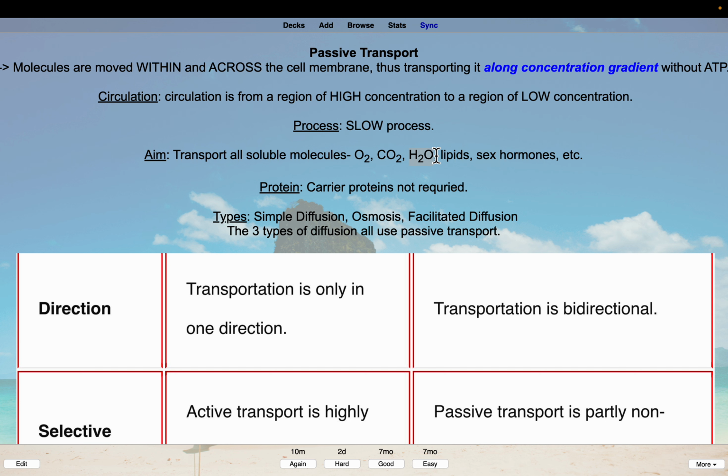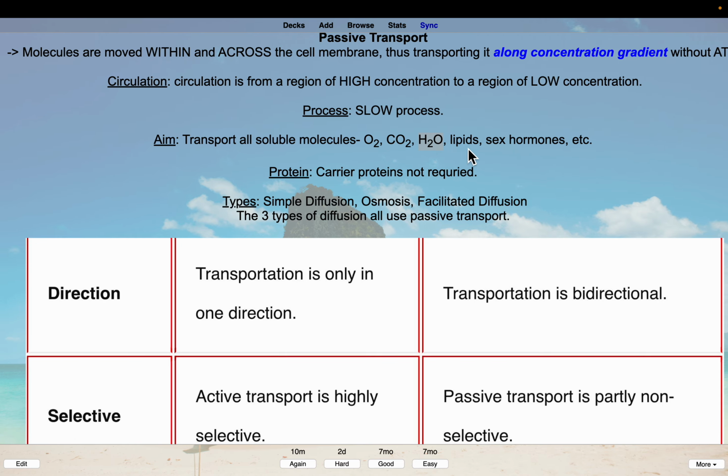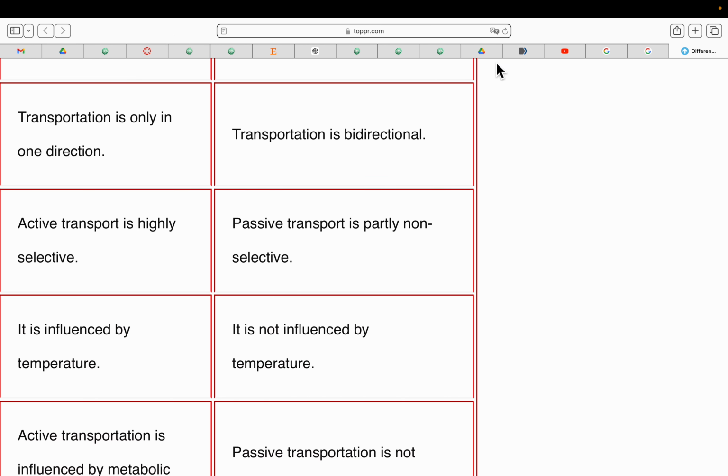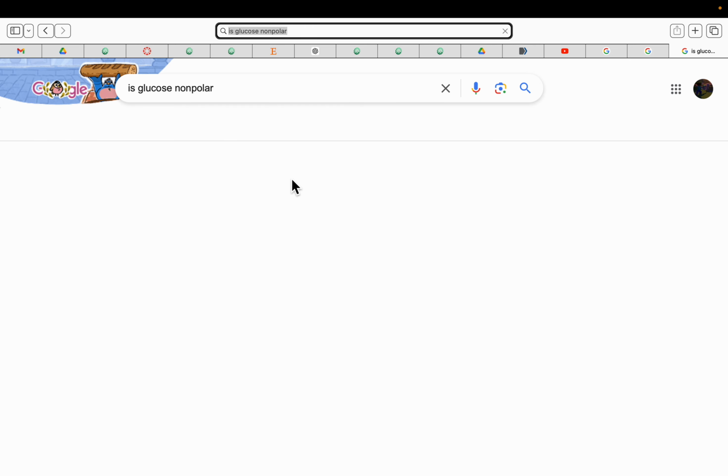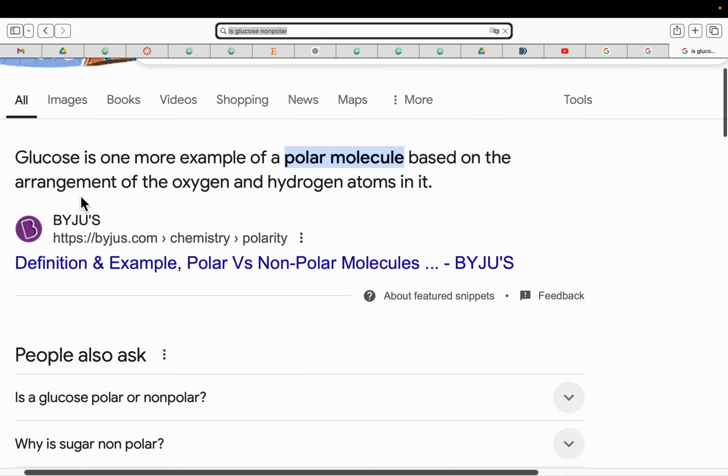Water is polar, so how can it undergo passive transport? Maybe it does make sense for water to be eligible for undergoing passive transport. It's glucose that is nonpolar. Let me just confirm that information. Really?